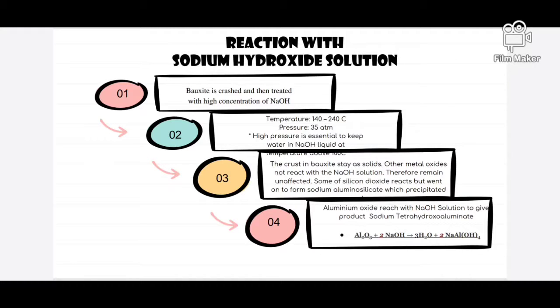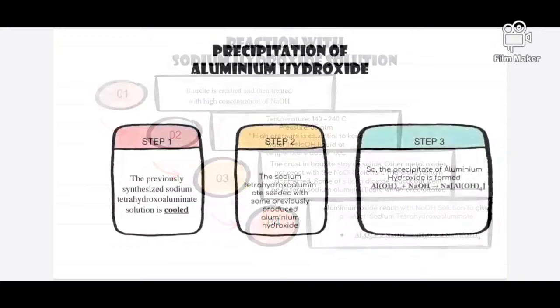Other metal oxides do not react with the sodium hydroxide solution, therefore remain unaffected. Some silicon dioxide reacts but goes on to form sodium aluminium silicate, which precipitates out. Aluminium oxide reacts with sodium hydroxide solution to give the product sodium tetrahydroxoaluminate.